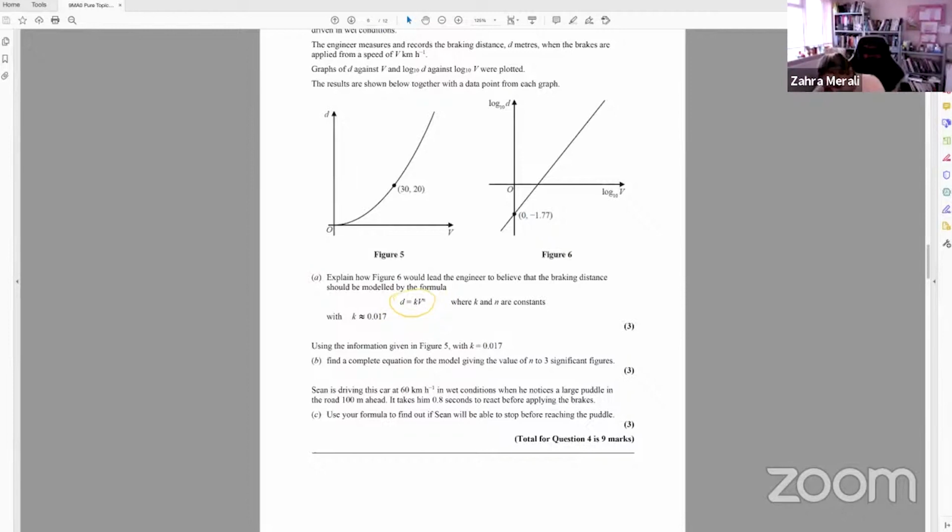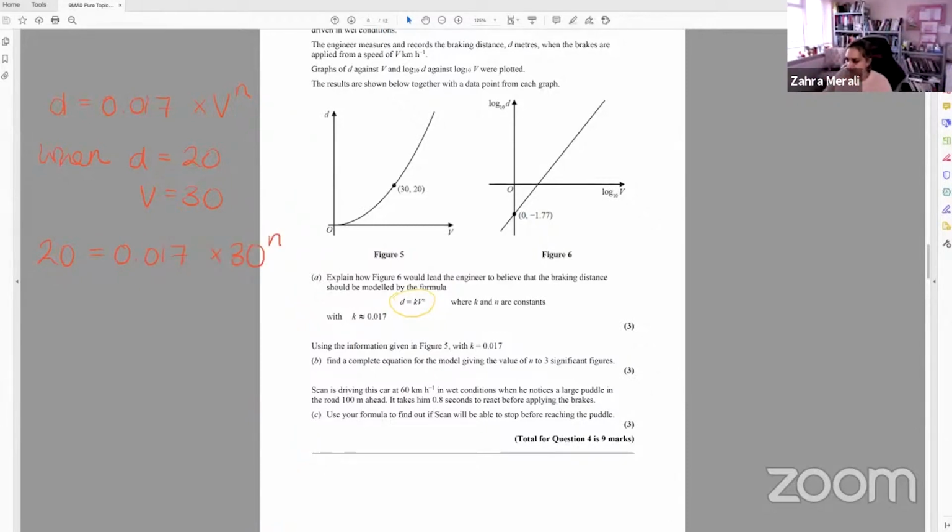So we have d equals 0.017 times v to the n. We also know when d equals 20, v equals 30. So 20 equals 0.017 times 30 to the n.